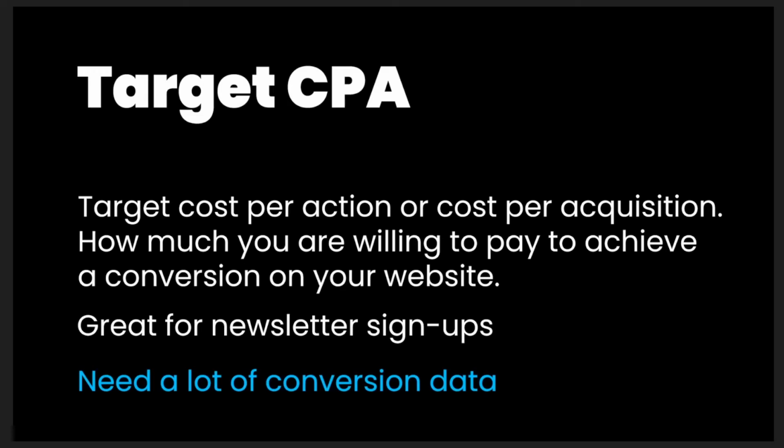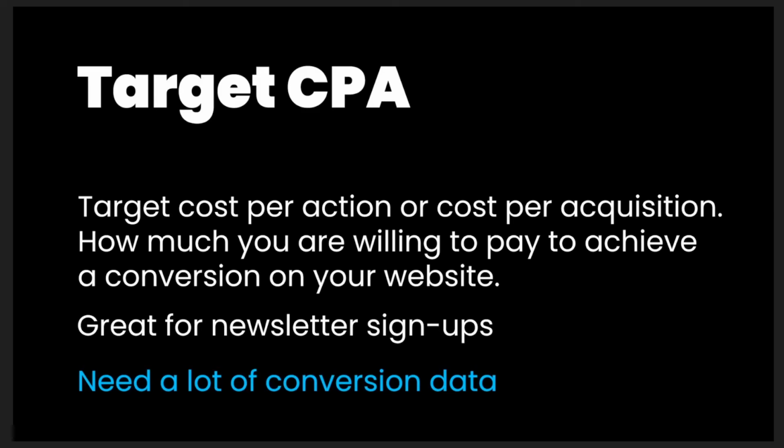Next up, we've got target CPA, or target cost per action, or cost per acquisition. The main difference here is you set your target cost per action, and Google tries to find a way to match that target.